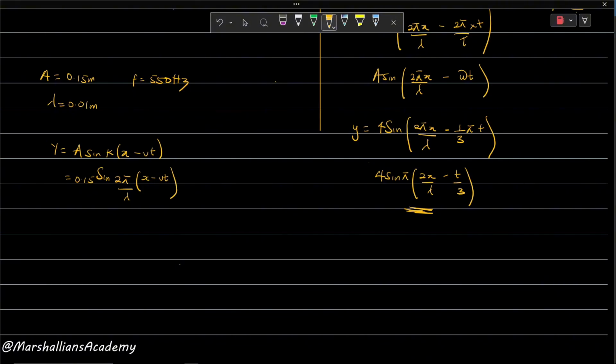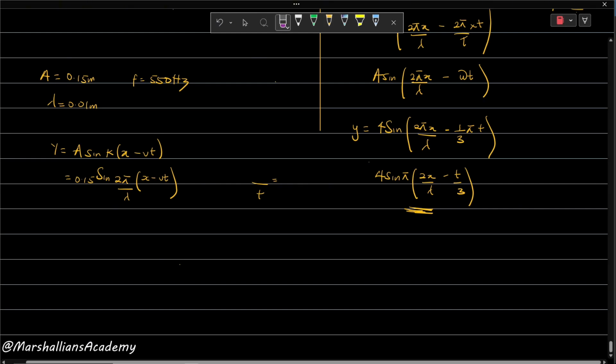Are we together? Now how can we bring f into the picture? If you recollect, we said 2 pi over time is equal to... that's for angular frequency. Let's just do normal.